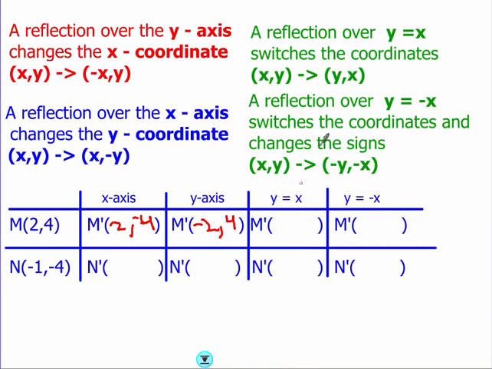If I reflect it over y equals x, my coordinates switch, so it becomes (4, 2). And if I reflect it over y equals negative x, the coordinates not only switch, but also the signs change: (negative 4, negative 2). And that's how we do each one of our 4 reflections.